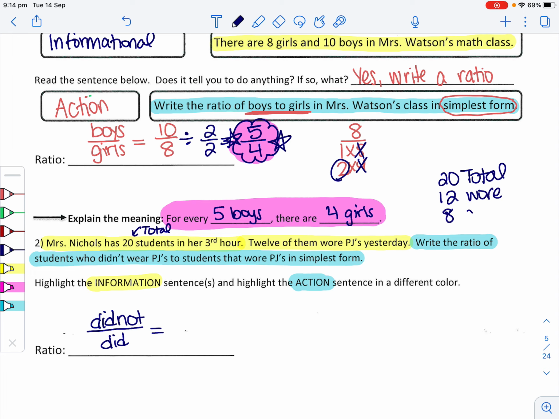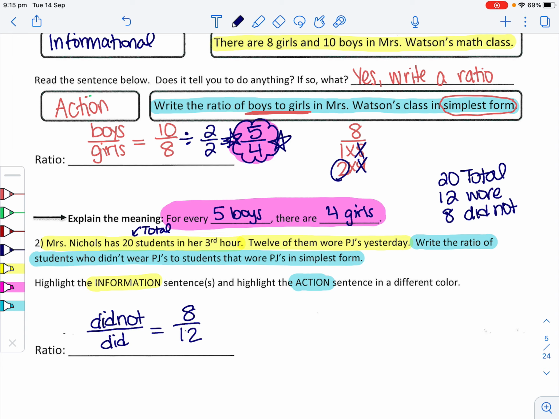That means that 8 did not, because 20 minus 12 is 8. So when I write my ratio down here of the students that did not wear PJs to the students that did, 8 students did not wear them and 12 students did. The 20 just helped me figure out what I was missing.